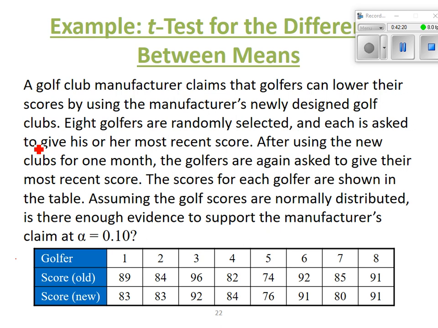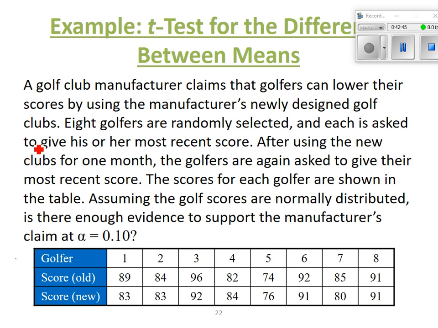So we have that. Next thing, we're going to draw a little graph. Is it left-tailed, right-tailed, or two-tailed? Right-tailed. So draw that and shade it in. We have to find our DF and our alpha.